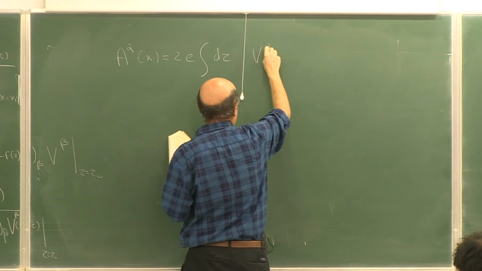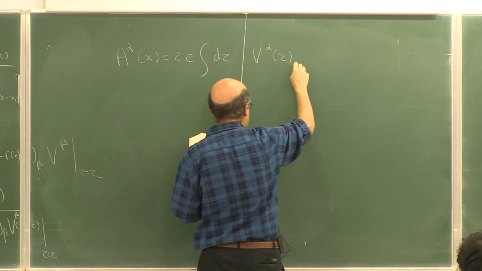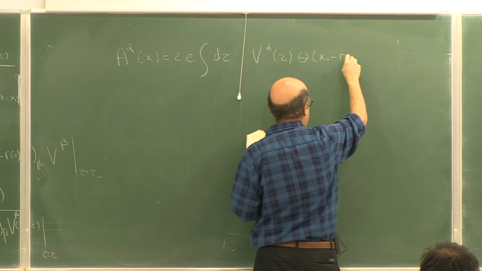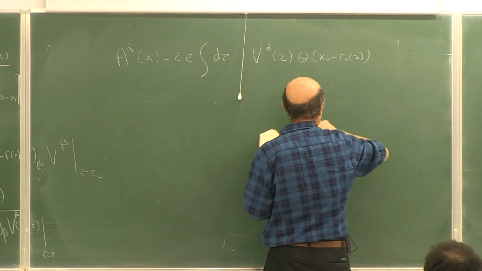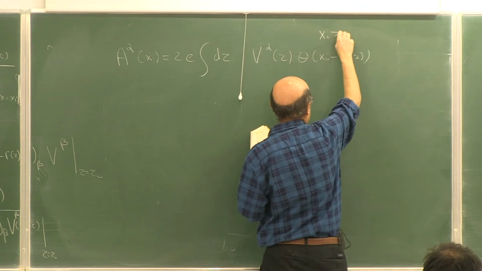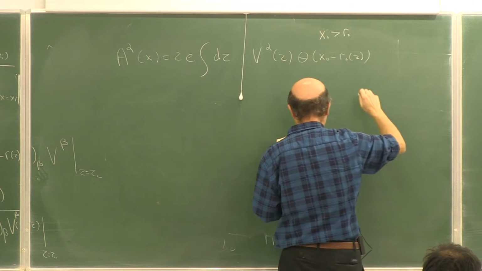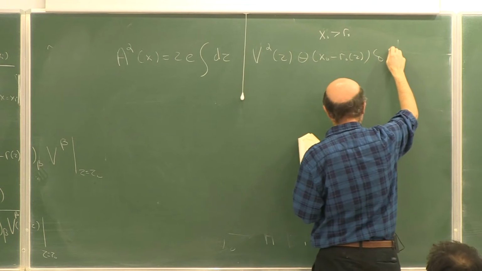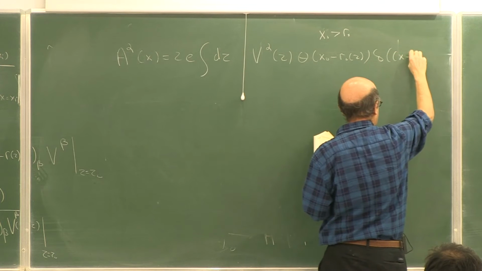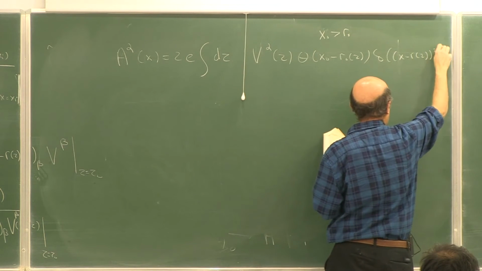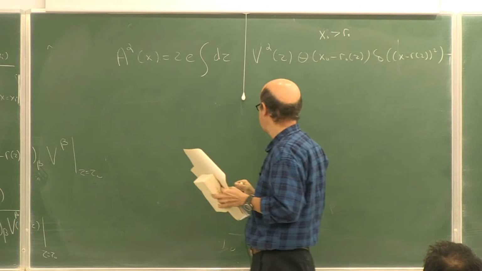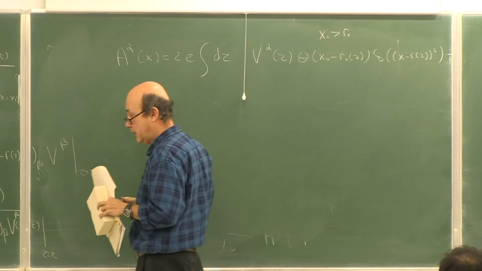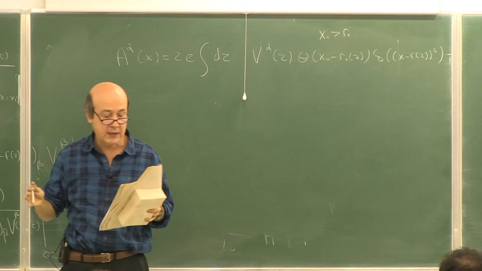So V of alpha, depending on the proper time, theta of x0 minus r0 of tau, x0 is greater than r0, and therefore the theta function is 1, delta function of x minus r of tau squared. So I evaluate this for the potential, and I find the Lienard-Wiechert potentials.